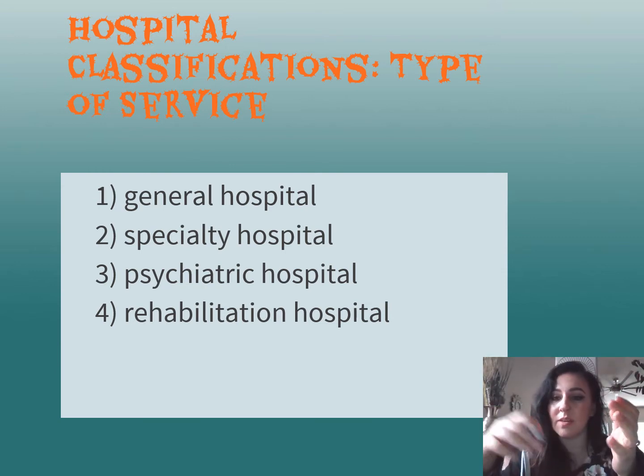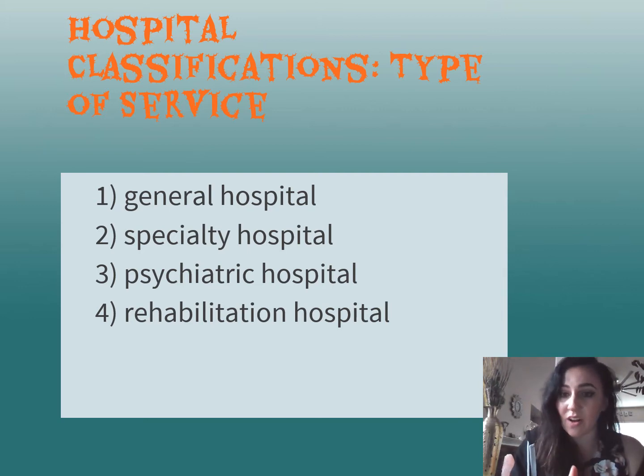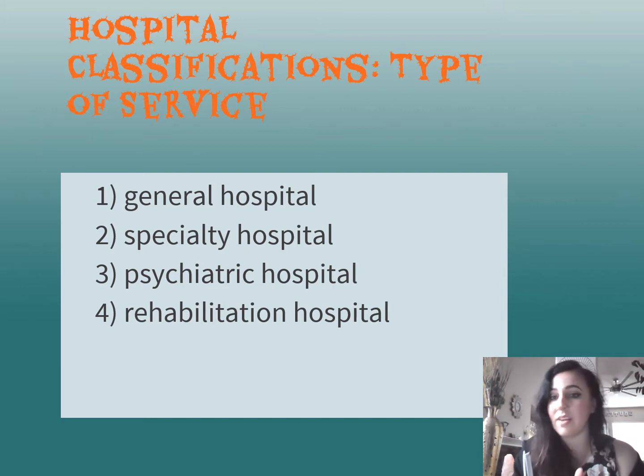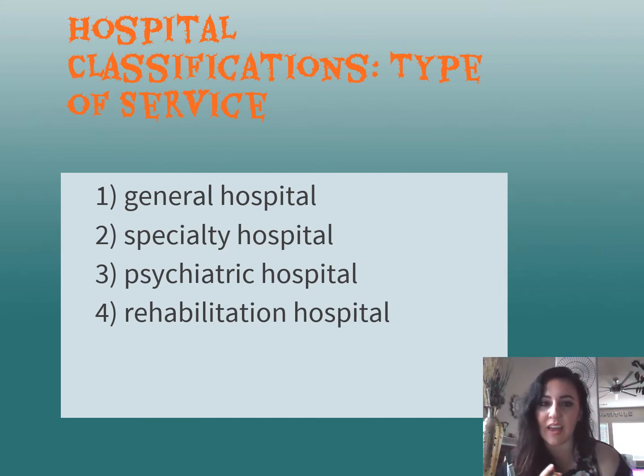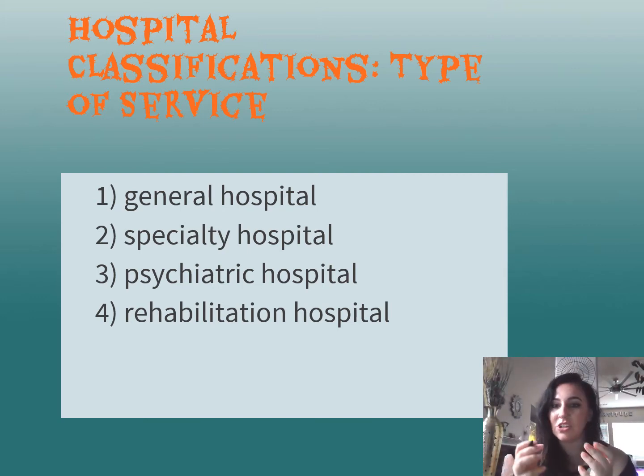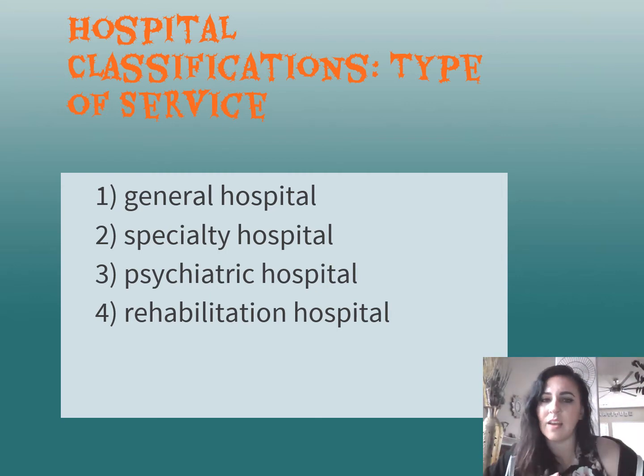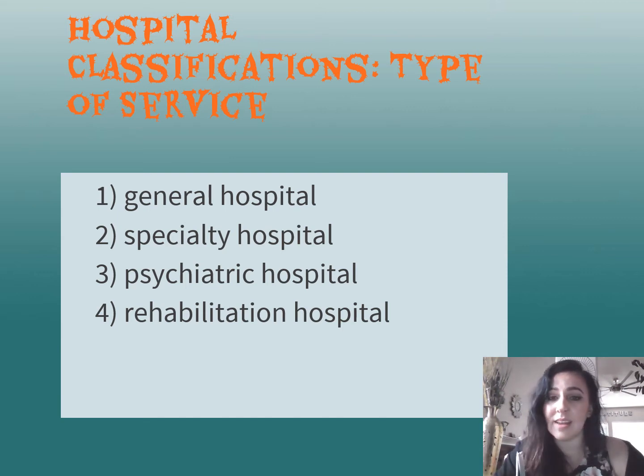A general hospital is usually a community hospital, but they can also be non-community hospitals, because many federal hospitals or maybe Native American hospitals are general hospitals. Just because it's a general hospital doesn't necessarily mean it's always going to be open to the public, but most of them are, because most of the hospitals in the United States are general hospitals.